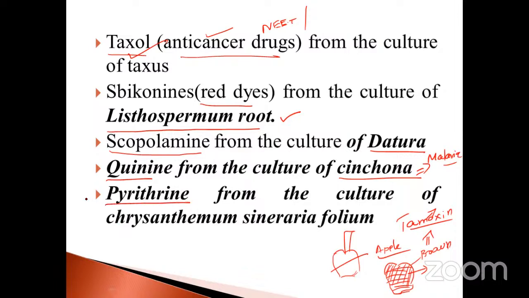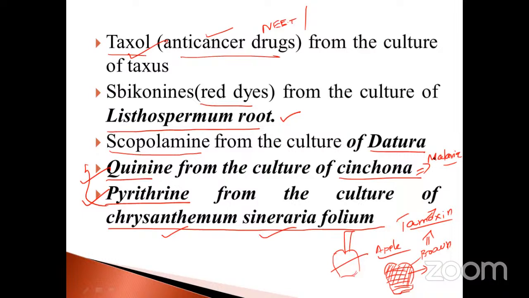Pyrethrin, so this is also another one. These two are very, very important. Pyrethrin from the culture of Chrysanthemum cinerariifolium. This is the entire plant name. Okay, these are the important components obtained from different plants, the alkaloids. Cinchona: quinine is one of the alkaloid components.